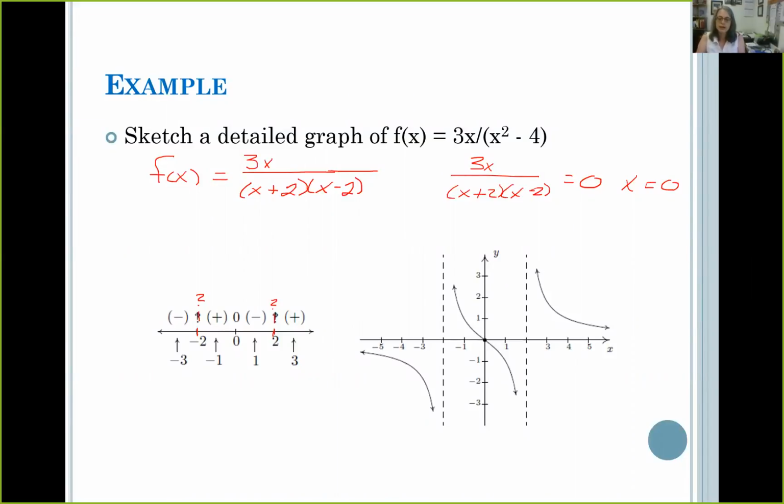So now we pick a value on either side of each of these points, at either side of negative 2, 0, and 2. If we plug in, for example, negative 3, we find that negative 3 times 3 is negative 9, so that's a negative number, divided by negative 3 plus 2, which is negative, times negative 3 minus 2, which is negative, so I've got a negative divided by a positive, so that's going to be negative.